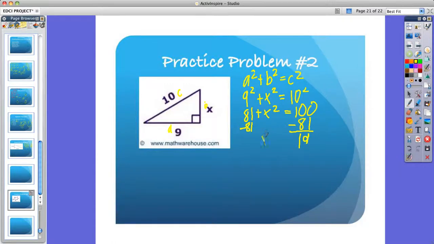And so then you have x squared equals 19, and then you take the square root of both sides, and so that means that x equals the square root of 19. Yes, and you can just leave it as a square root because it's a very long number.